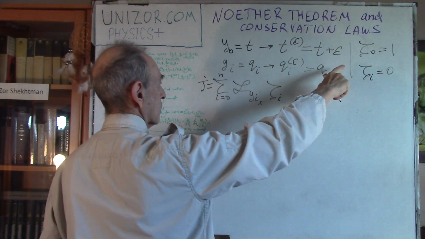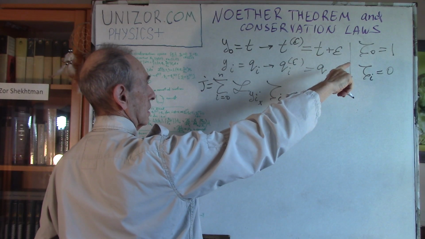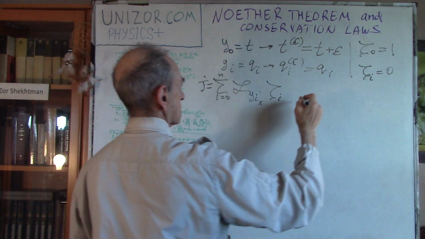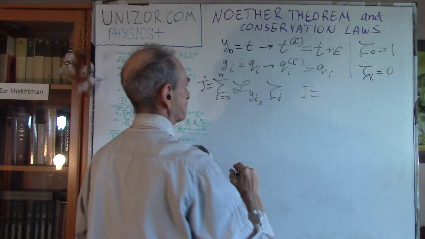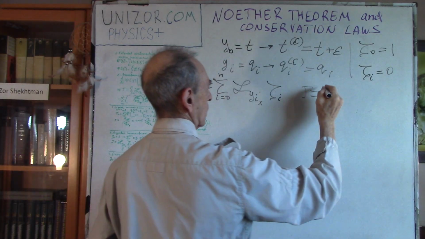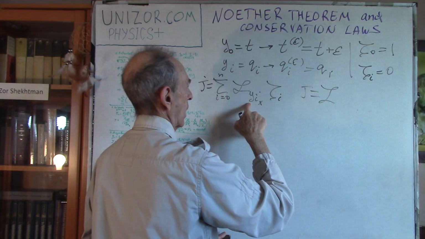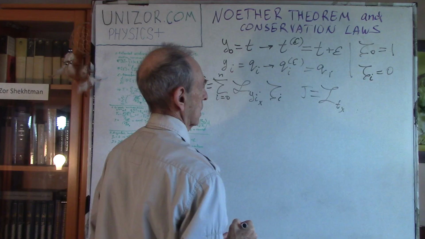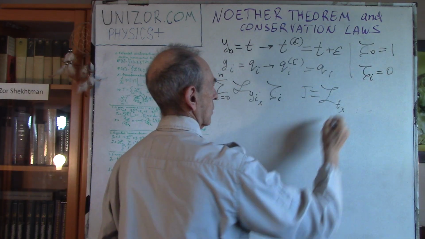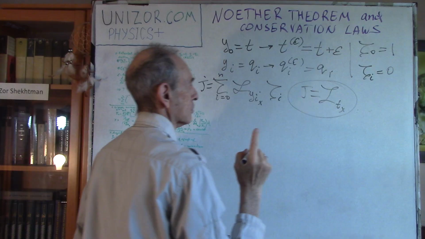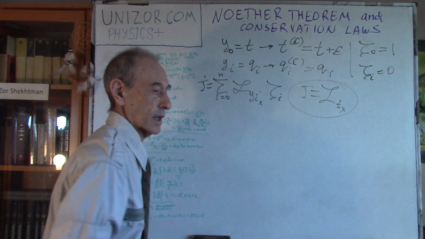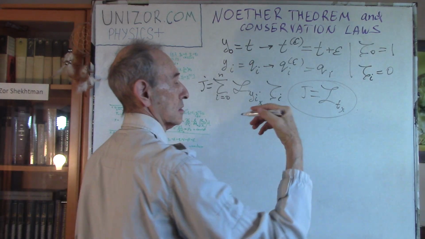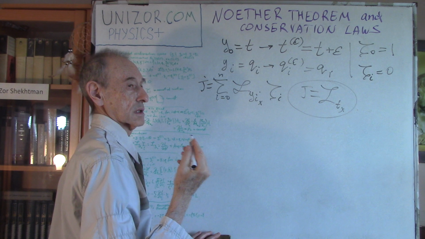Now in this case, only index 0 is equal to 1, and all other indices are 0, which means that J is equal to only the first one, which is the derivative of the extended Lagrangian L by y0, which is tx, constant. So the derivative of this extended Lagrangian by tx is conserved.